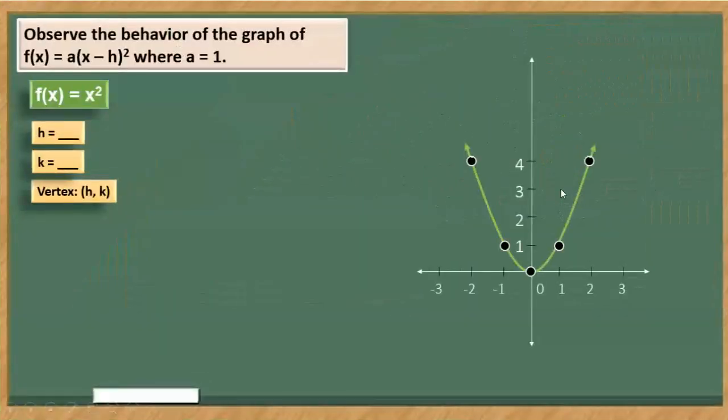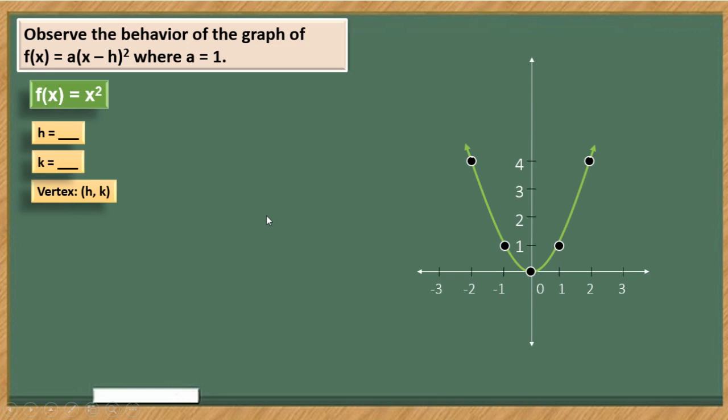Okay, now let us try to observe the behavior of the graph of the quadratic function defined as the product of a and the square of the difference of x and h, where a is equal to 1. So let us take this function, f of x equals x squared, as our reference function and its corresponding graph as our reference graph.